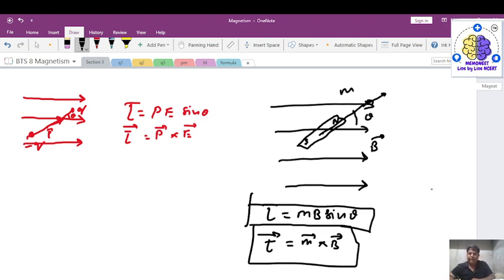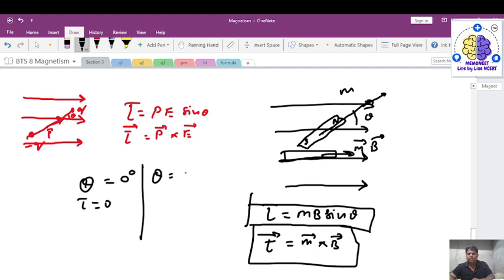So, the same analysis as we did here: if angle theta is equal to 0 degrees, it means the bar magnet is placed or aligned along the magnetic field, then the torque will be equal to 0, right?